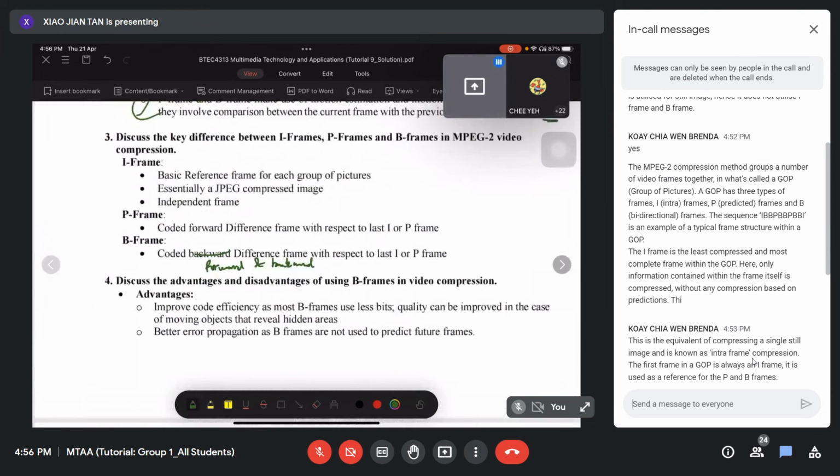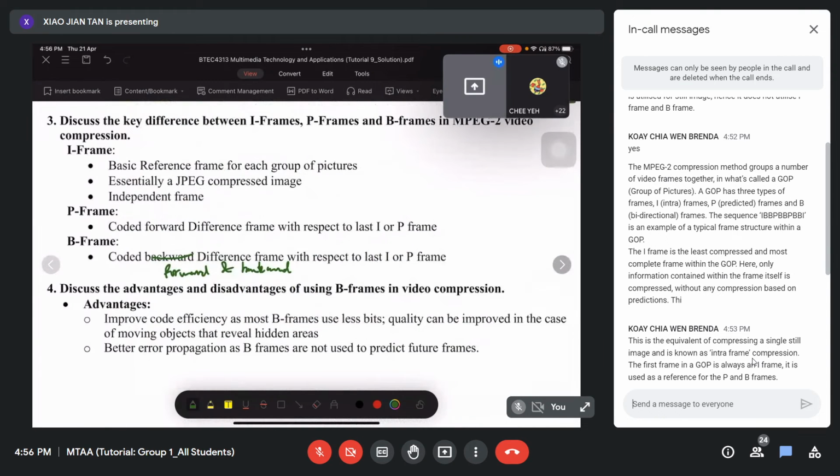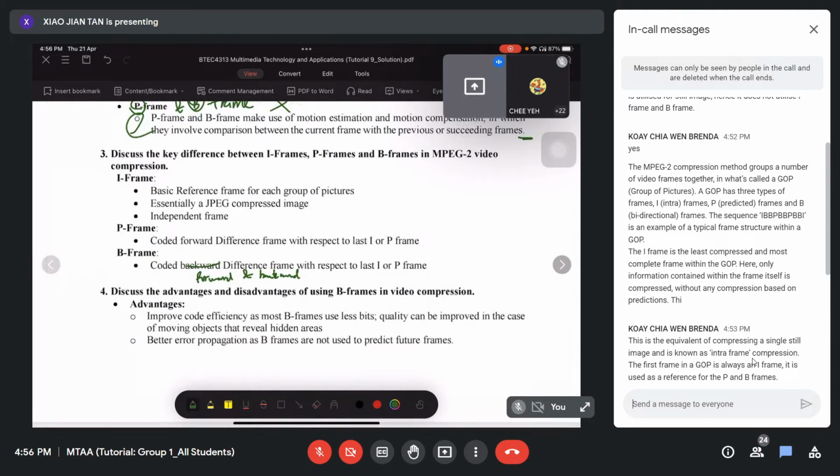Okay, so for B frame you have bi-directional, both previous and the future. Okay, so the next one: discuss the advantage and disadvantage of using B frame in video compression.